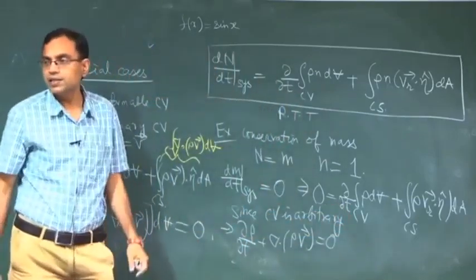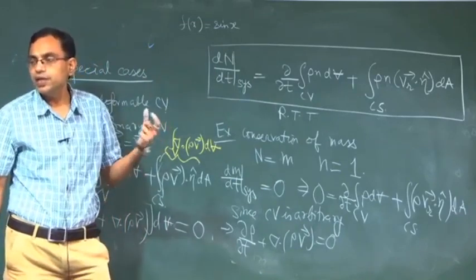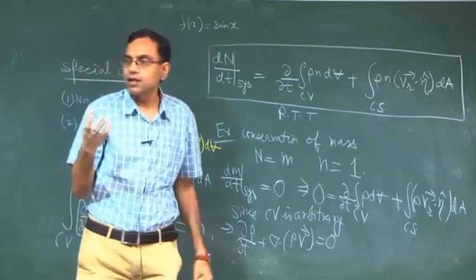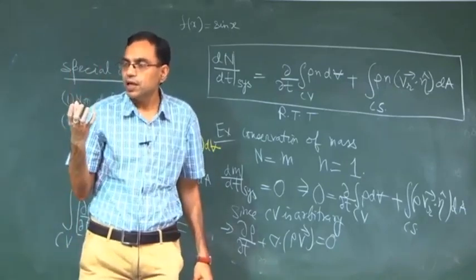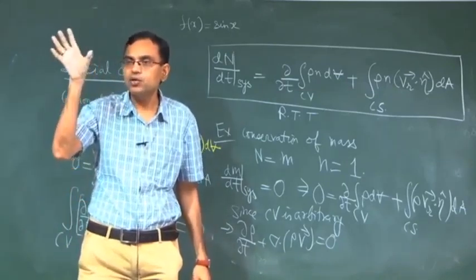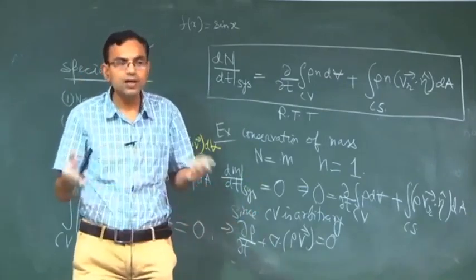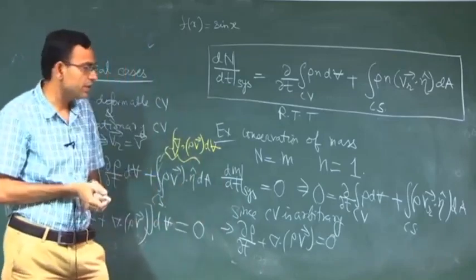So in the class we have used 3 approaches of deriving the continuity equation. One is the control mass approach, another is taking a box as a control volume, and the third is this Reynolds transport theorem, and we see that all these converge to the same continuity equation.